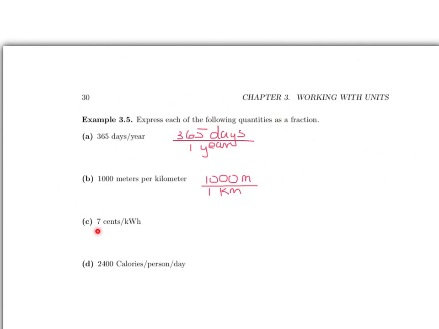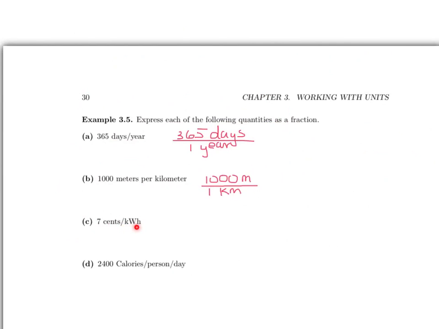Now let's look at part C. 7 cents per kilowatt hour. So some of these abbreviations here may be a bit new. The K is an abbreviation for kilo, the W is an abbreviation for watt, and the H is an abbreviation for hours.